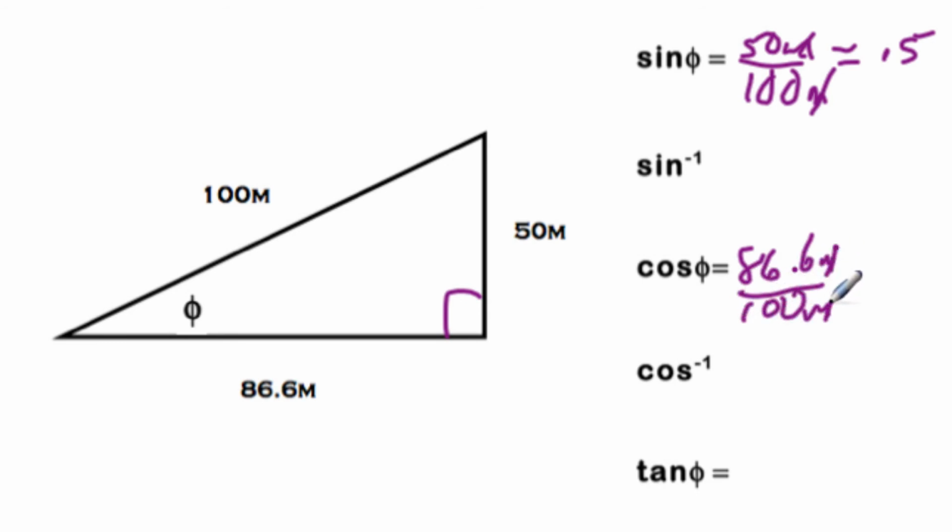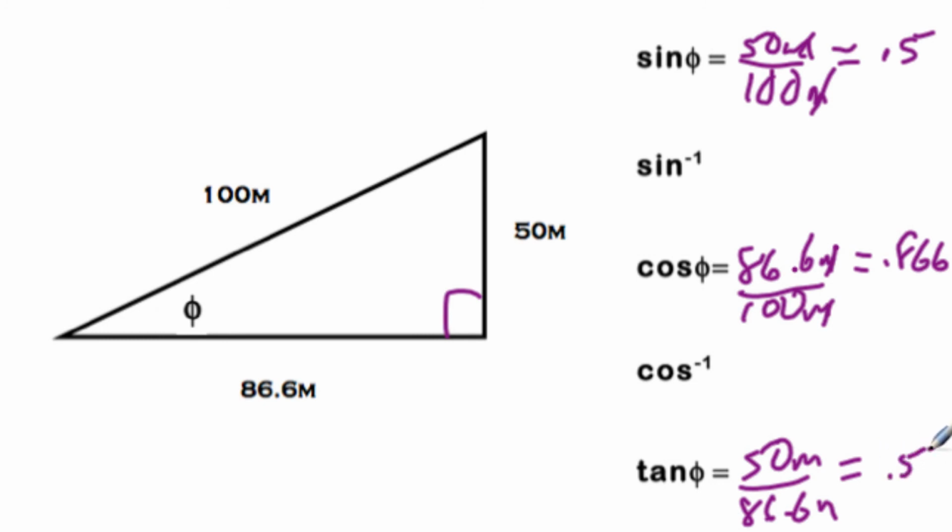Again, they cancel, and we get 0.867 if you really want to round, but 0.866. And the tangent of phi is going to be equal to 50 meters over 86.6 meters. And that is going to be equal to 0.58. So we have three different ways that we could figure out what this angle phi is.